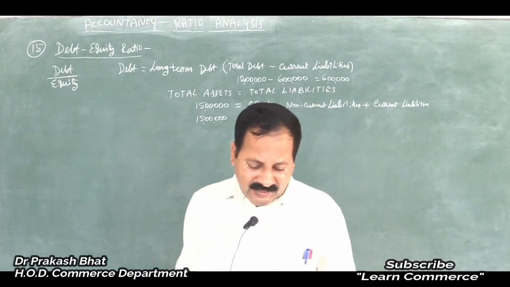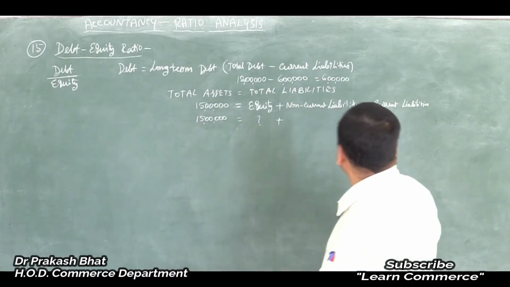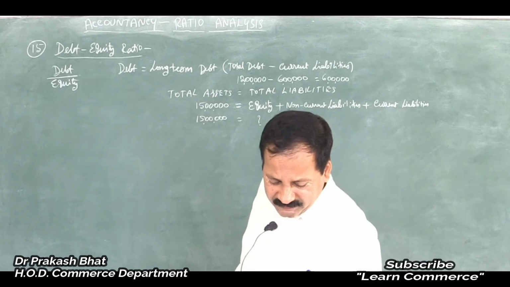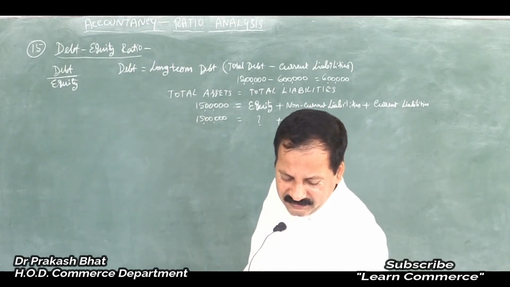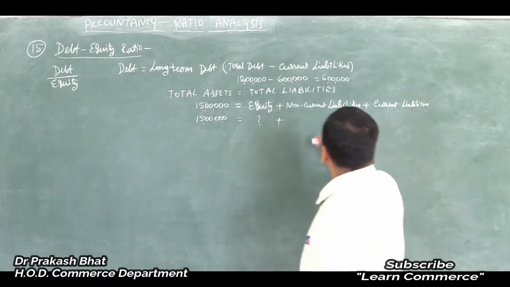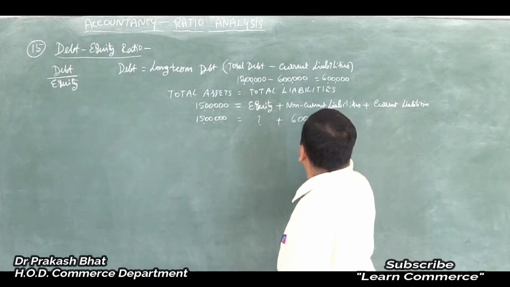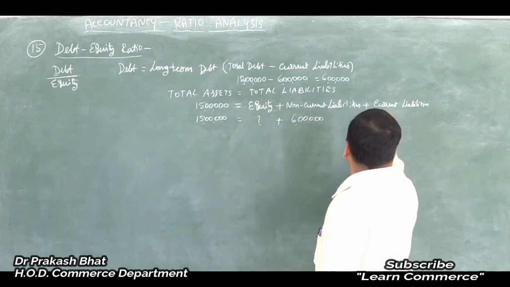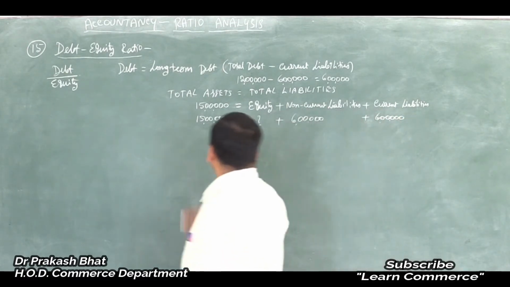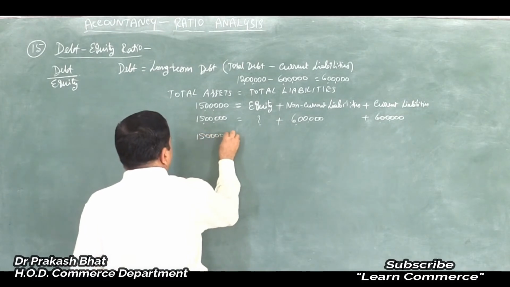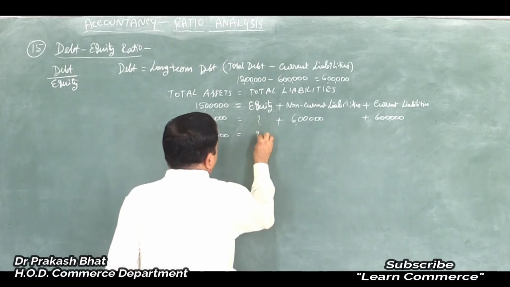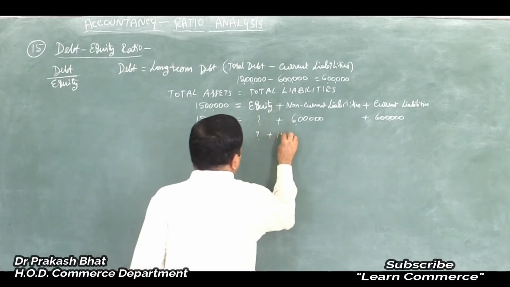Non-current liabilities 6 lakh. Current liabilities: total debt is given, 12 lakh. That means current liabilities 6 lakh and non-current liabilities 6 lakh, right? So current liabilities of 6 lakh is given in the problem indirectly. Now 15 lakh is equal to equity plus 12 lakh.